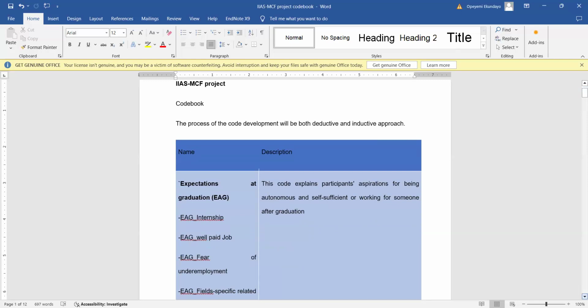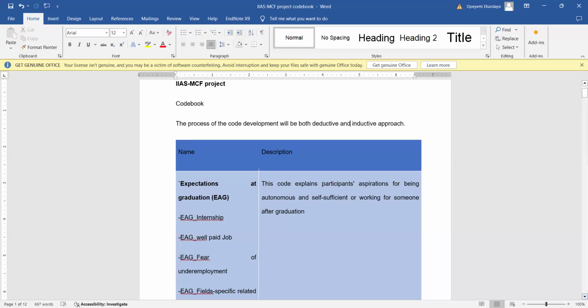Even though we went to the field with a mindset and some themes, some categorization of what leads to employability and the barriers to employability based on our literature search, we also thought that since the graduates are the ones experiencing the challenge, it was important to read through their transcripts and pick up other things we did not go to the field with. So for this project, we used both deductive and inductive approaches.